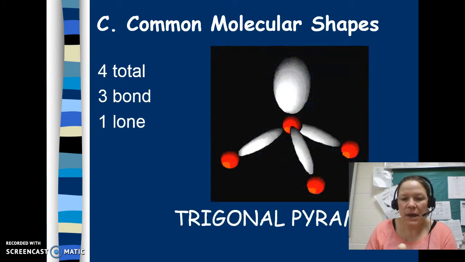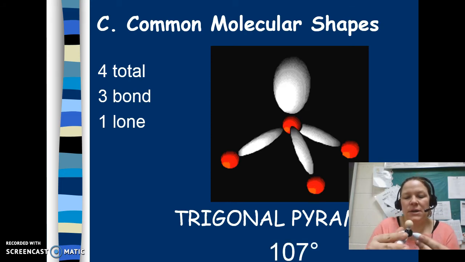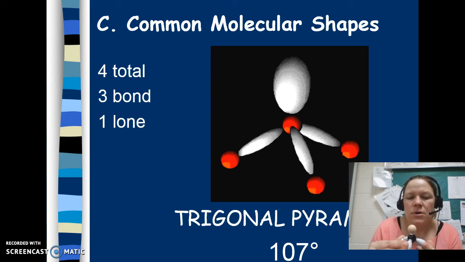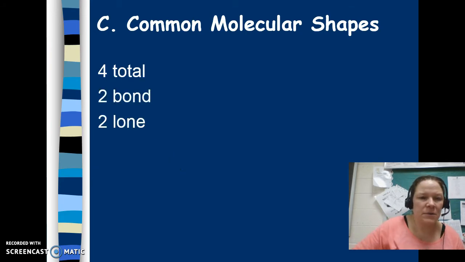And essentially what's going to happen is this is now going to be what's called trigonal pyramidal. And our bond angle was 109.5 when there were 4 bonding groups. Now our bond angle is, again, the kits don't show it, but these get a little bit closer and it goes down to 107. So that electron pair up here, the lone pair, repels these bonds just a little bit, forces them together, and we get all the way down to 107. Ammonia is an example of this.